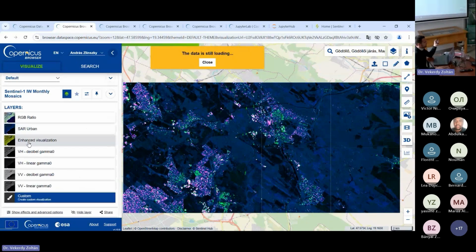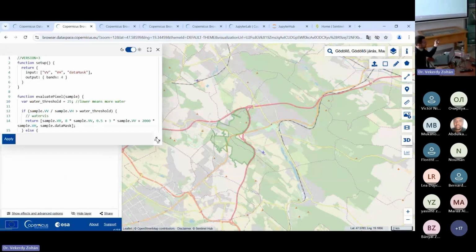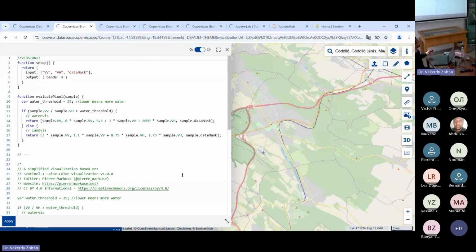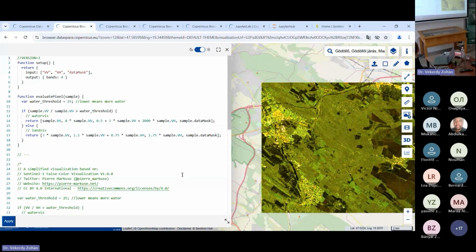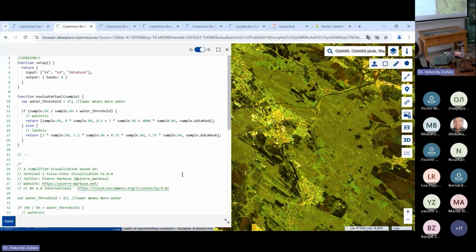And if we go back to the enhanced visualization, let me show you the exact algorithm. So this is a decision tree, right? It has a separate visualization for water and a separate one for land. And then there's a threshold that separates water from land that you can actually manually adjust. And for water, it's creating a red, green, blue composite out of the VV with 2 different multiplications and a bit of the VV multiplied by the VH.